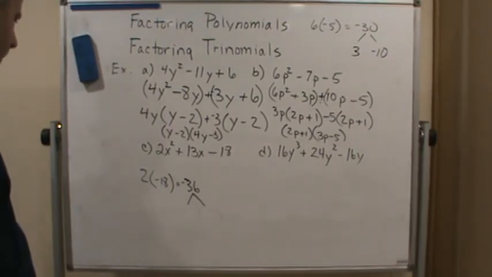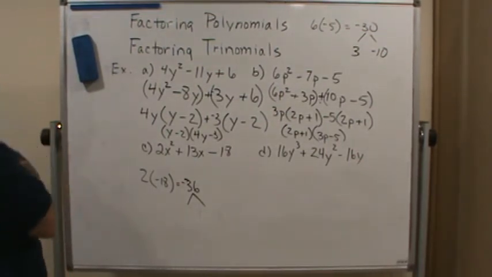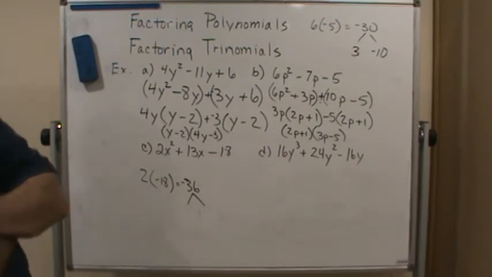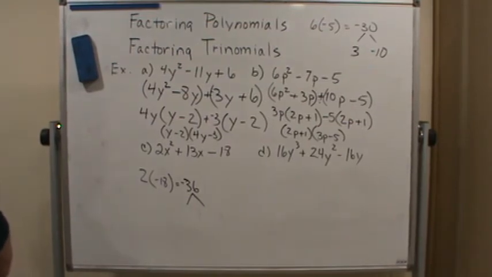Let's see. There might not be a factor. And if that's the case, then we can't factor this. So let's see, we got negative 36. So let's just go through the factors.